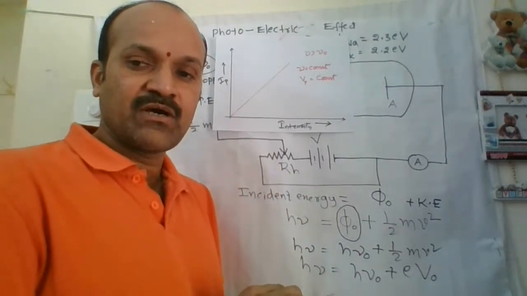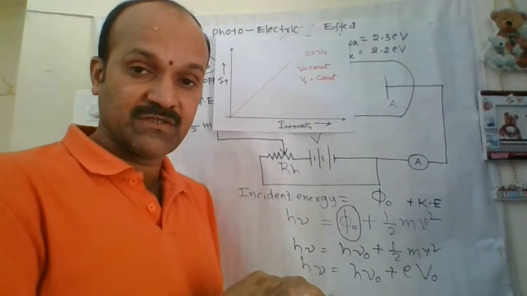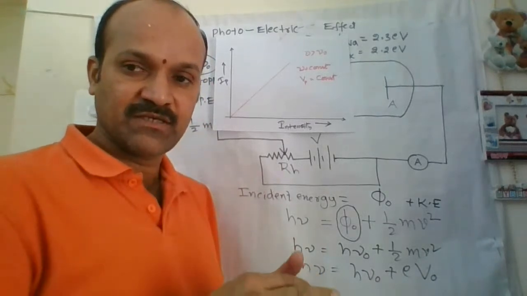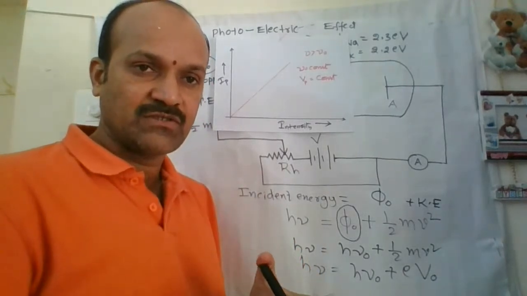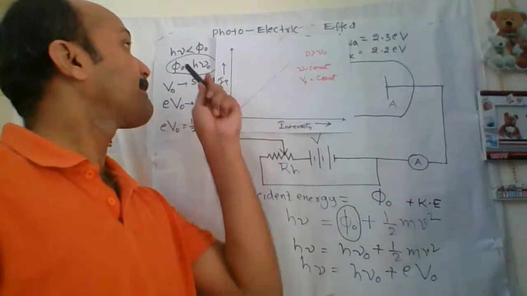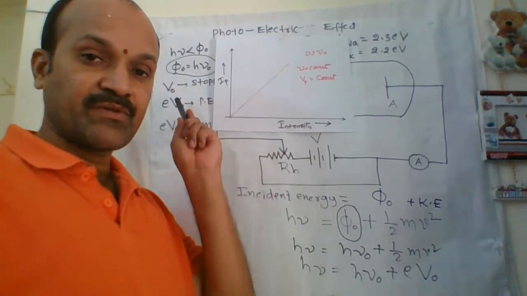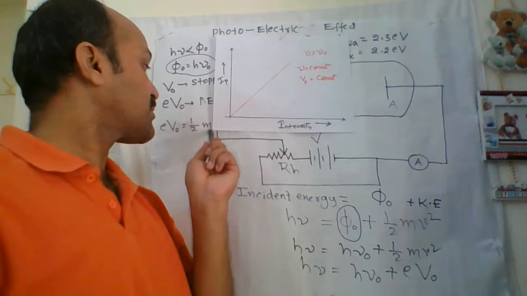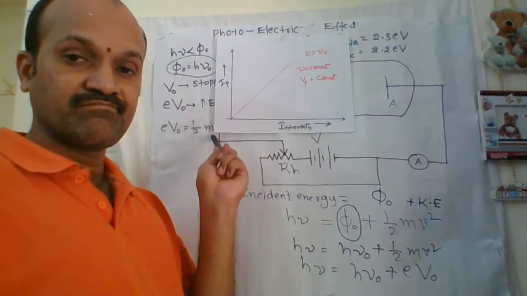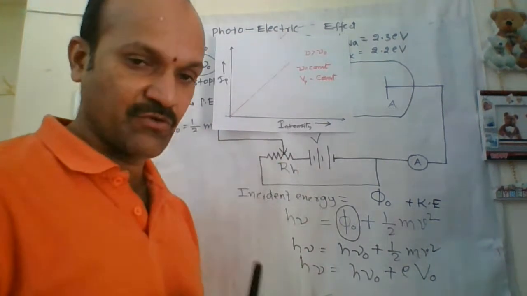Neha is also saying constant for the previous question. You will see that. Others can also answer whether it is constant or varies. And I have given a hint also. Stopping potential: what is the formula for stopping potential? eV naught equals half m v square. You just think of it.